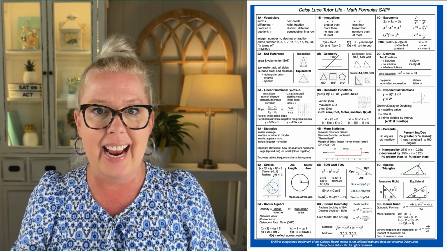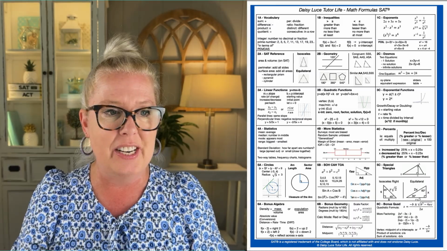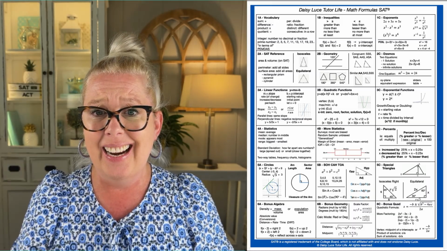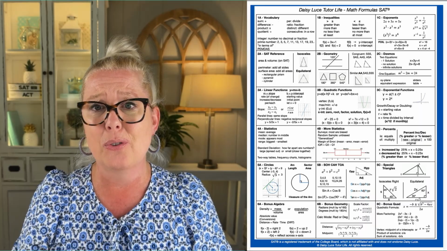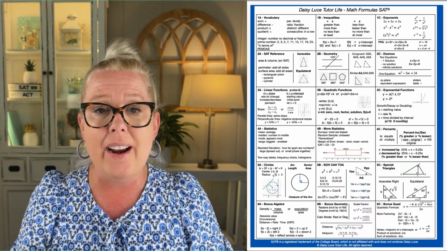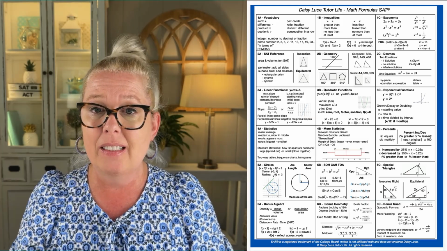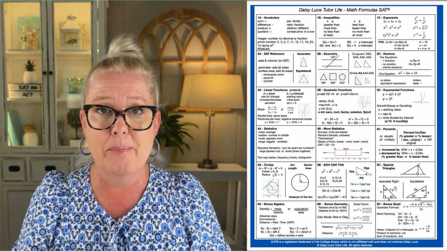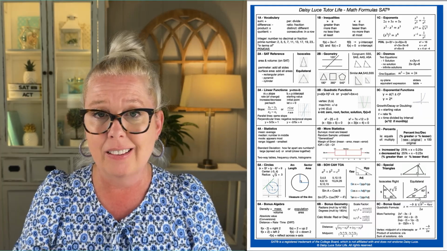Like right here, we've got averages, percents, ratios, some reading graphs and tables. And that was all from middle school. The SAT loves to dress these up so they look way harder than what they are, but the skill underneath is honestly way, way back at that low level of math.